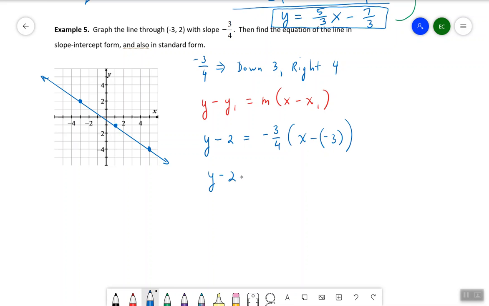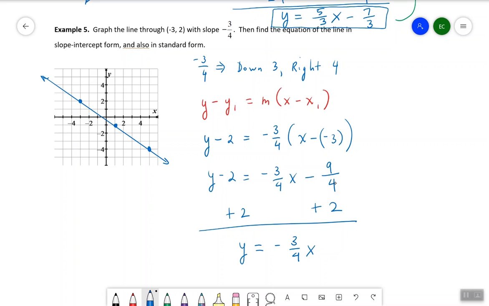And so I have y minus 2 equals, can I just go ahead and distribute the negative 3/4 times x? And then that's actually a positive 3 there times negative 3/4. So that's minus 9/4. And then the last step would be to add 2. And I've got negative 3/4 times x.